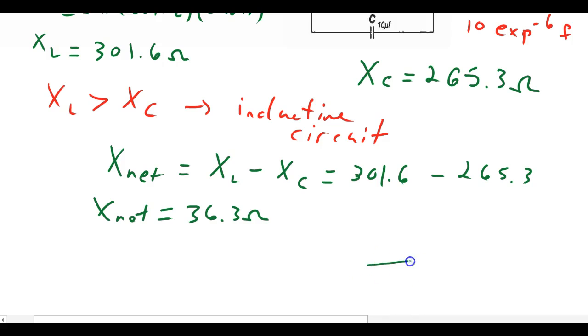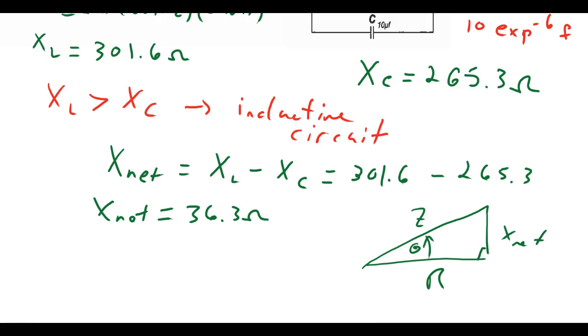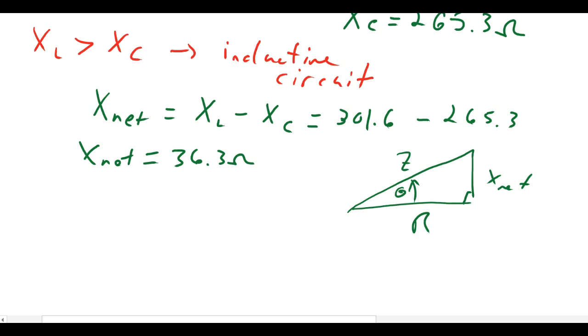inductive, our impedance triangle basically has R, X net, Z, and theta. Now, I won't label it with values, but the idea is that this illustrates that the impedance, by Pythagoras' theorem, is the square root of R squared plus X net squared.